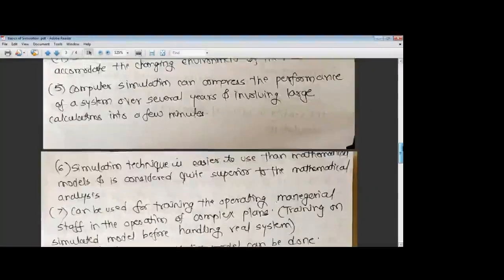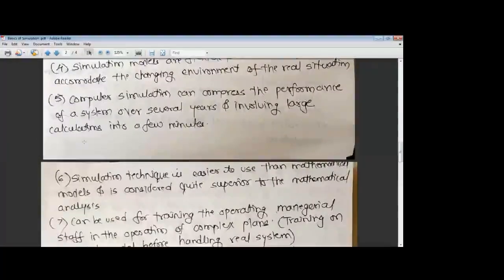So computer simulation can compress the performance of a system over several years and involve large calculations into a few minutes. All those simulation activities that would have required several years of mathematical analysis, involving large calculations and large duration, can be done in just a few minutes with the help of computer simulation.